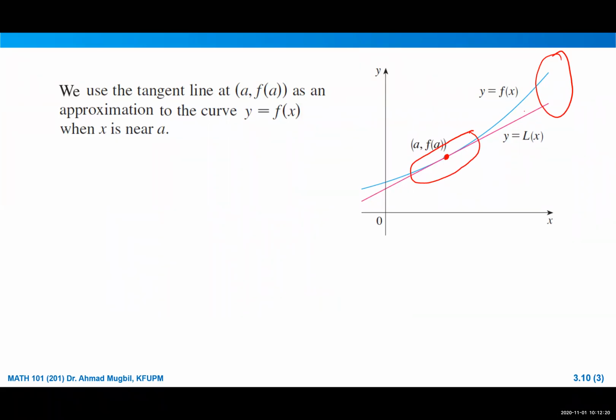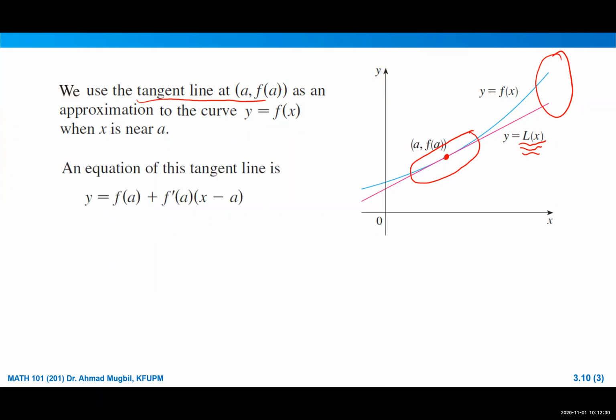The blue one is the function, and the red one is the linearization of the function. This is the tangent line at the point A. Do you remember the equation of the tangent line? It is y minus f of a equals f prime of a times x minus a. So this is the equation of the tangent line at the point A.